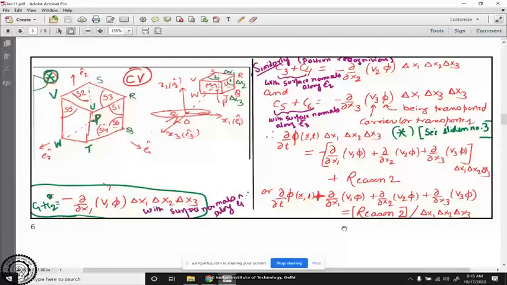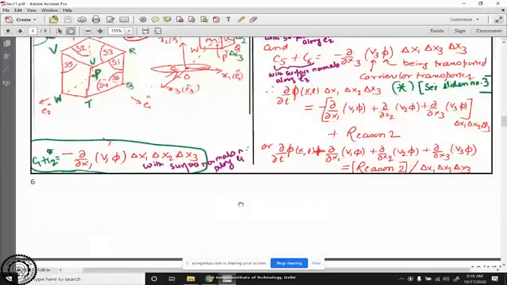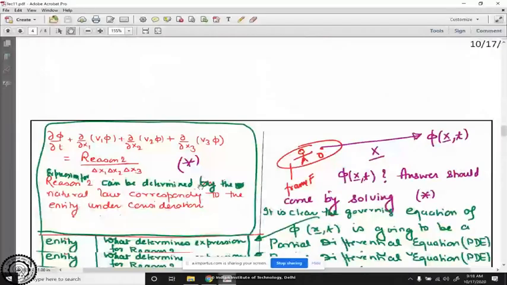Only then will I be able to identify the mathematical expression of reason 2, because reason 2 is the mathematical expression for the reason actually governed by one of those 3 natural laws: conservation of mass, Newton's second law, and the first law of thermodynamics. And they have different agencies, or different terms, on the right hand side. So I cannot keep this treatment general from now onwards. So I will have to take them specifically one by one. Okay.